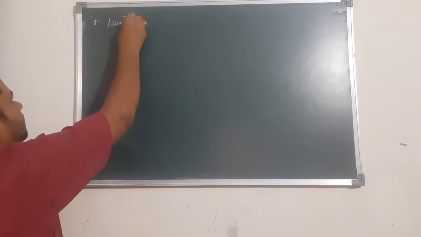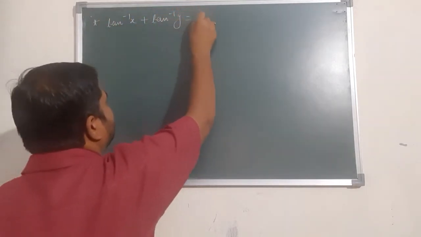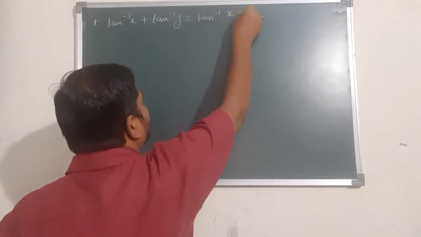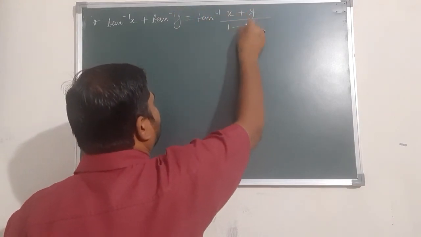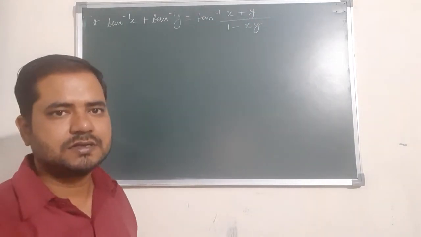Tan inverse x plus tan inverse y. This is nothing but tan inverse of x plus y upon 1 minus xy. Okay, this is the property.